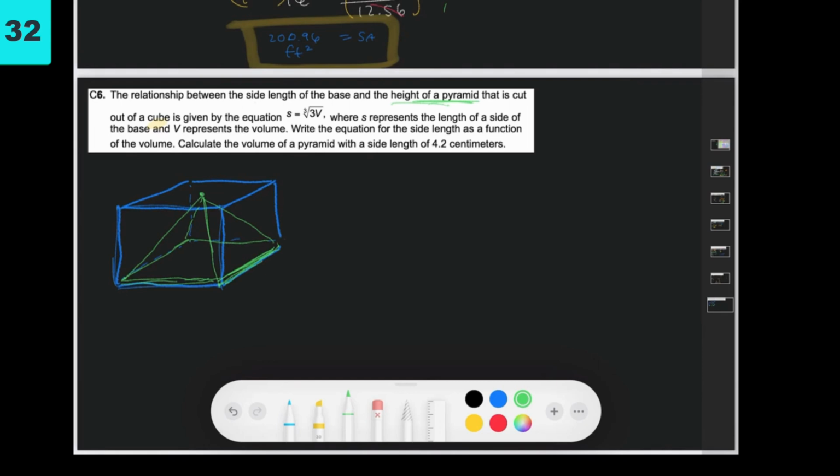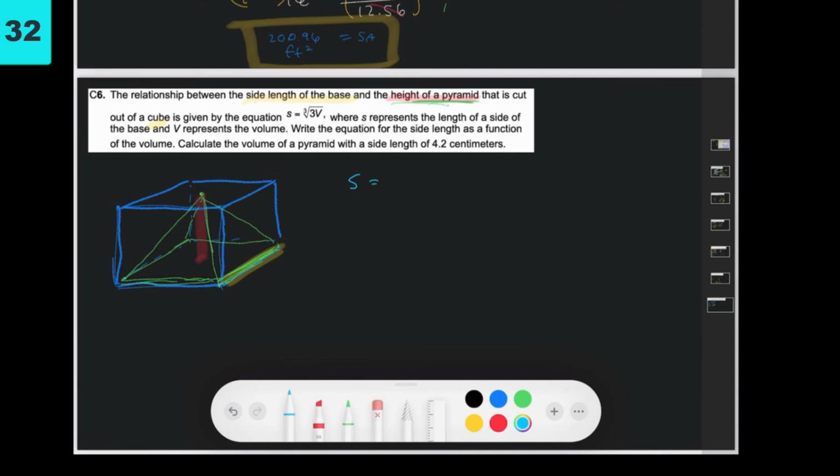So the side lengths, let's go back to the math now. The side length of the base, this is the side length here in yellow, and the height of the pyramid, okay, pay attention, that's to the bottom there, it's the one that goes straight up and down. And let's just write the formula they have.